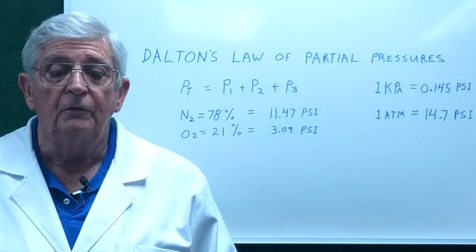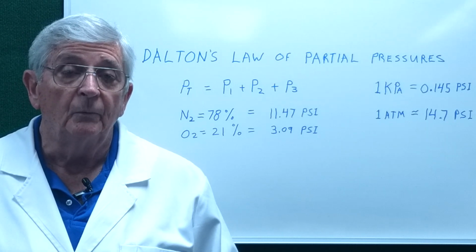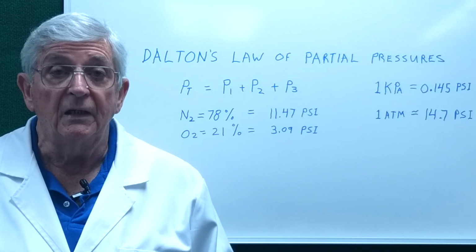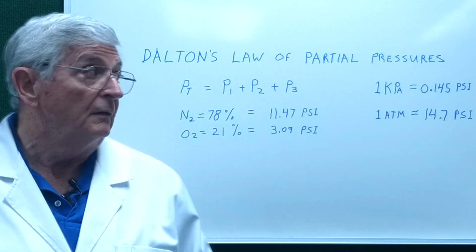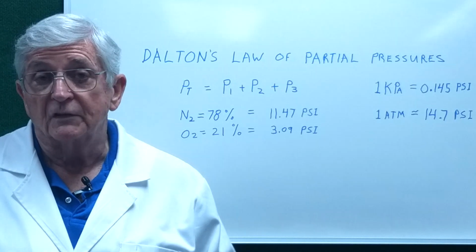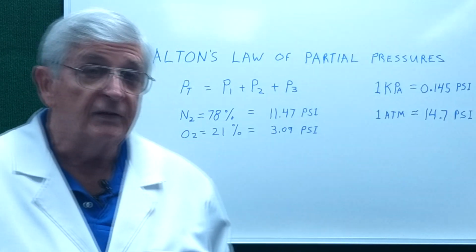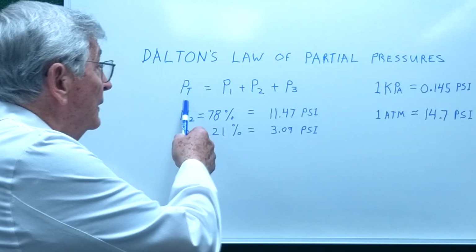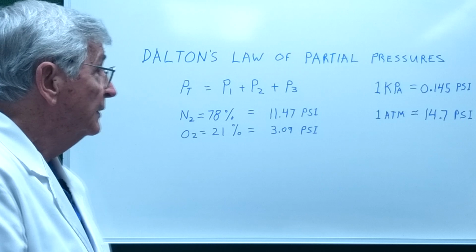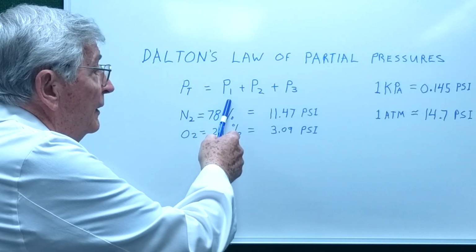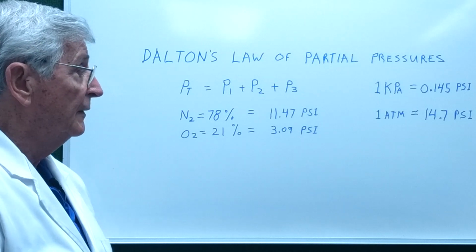To fully understand relative humidity, we have to have an understanding of partial pressures. And there's a law called Dalton's law of partial pressures. Basically what it says is the total pressure of a mixture of gases is equal to the sum of the partial pressures of each individual gas.